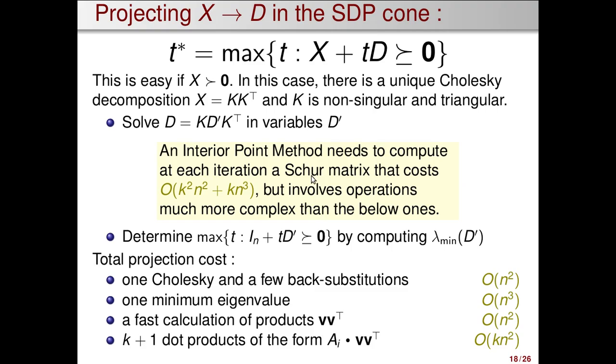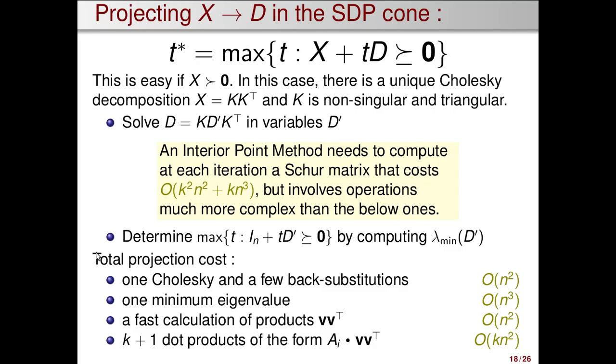This involves operations much more complex than the one below. So in practice, this is very simple, while this is very complex. Yet, some of the solvers, like Mosek, I think they invested crazy time to find ways to accelerate it and to exploit sparsity. But still, generally speaking, this work is motivated by the fact that I think for a big N, let's say above 2000, computing this matrix will make interior point methods run out of gas.